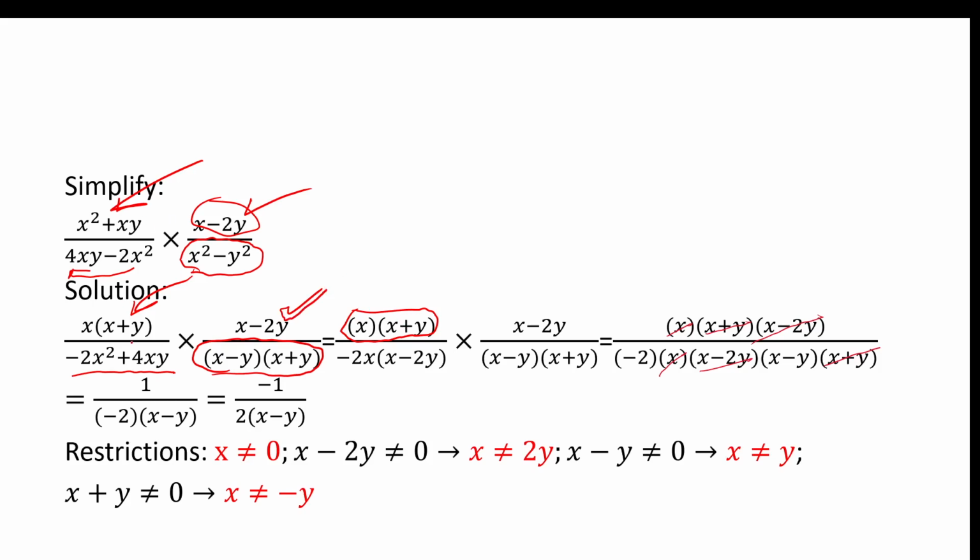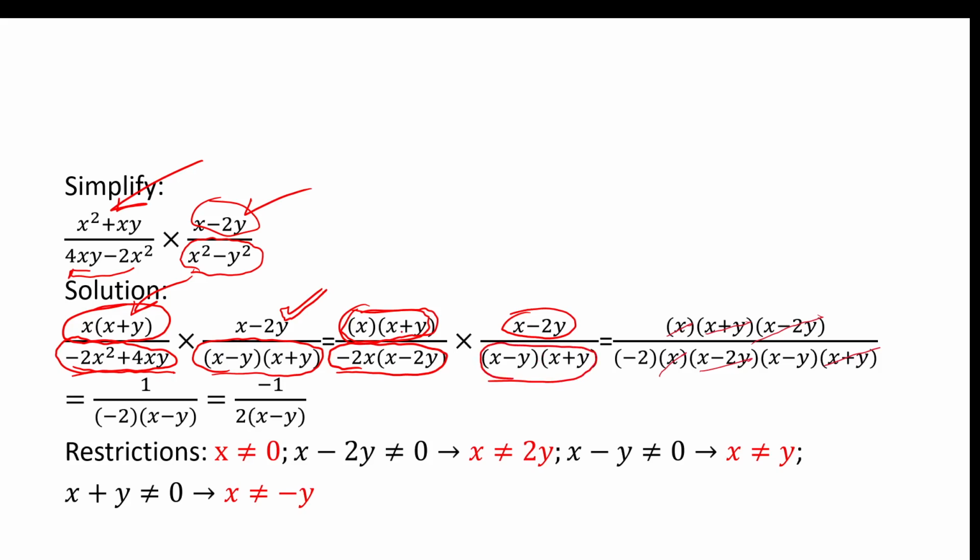Now, after our first step of our solution, let's leave x times x plus y alone. We're not done factoring yet. Down in our first denominator, we see an opportunity to factor out negative 2x, leaving us with x minus 2y. Our second numerator is x minus 2y, and our second denominator is x minus y times x plus y.